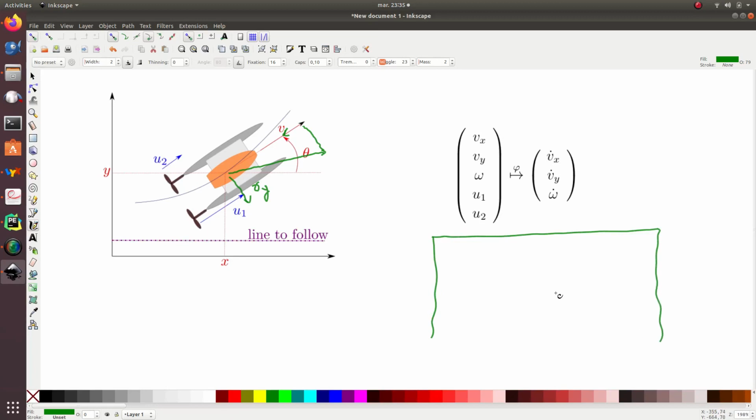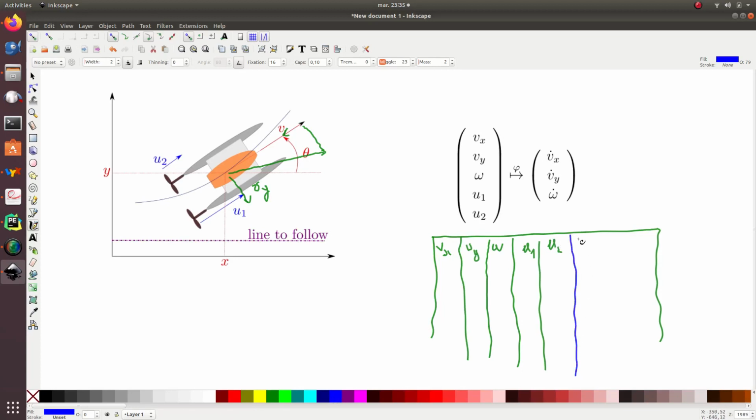The data file is like this. There are many lines for different t, and the first column corresponds to Vx, Vy, omega, U1, U2, and after that I will have V dot x, V dot y, omega dot.